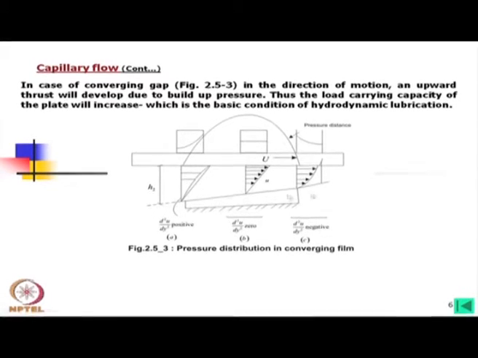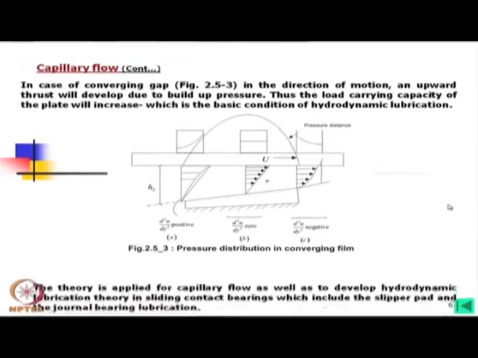Say for example, one plate is moving on another plate with a uniform gap. In that case, from the stationary plate we can make several holes and allow high pressure oil to go in. Anyway, we will look into the hydrodynamic lubrication and the pressure field in case of a capillary passage.